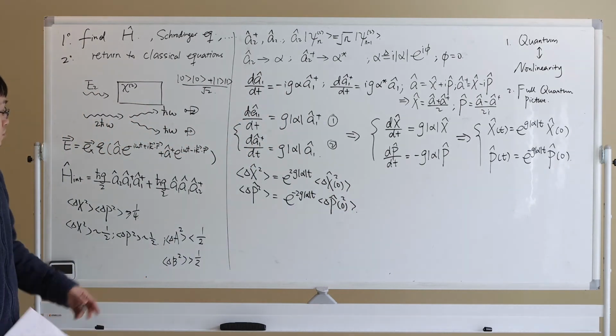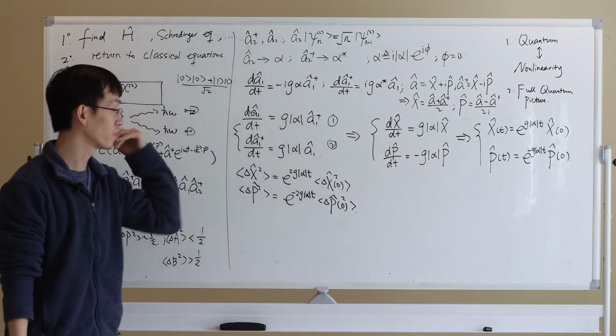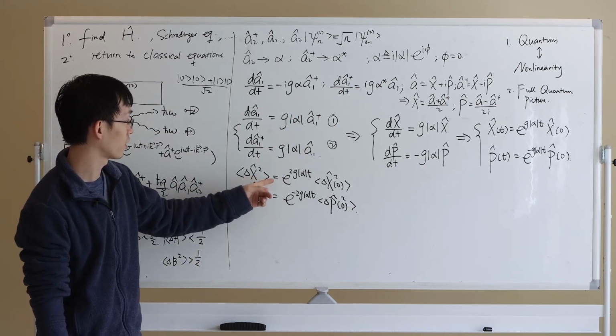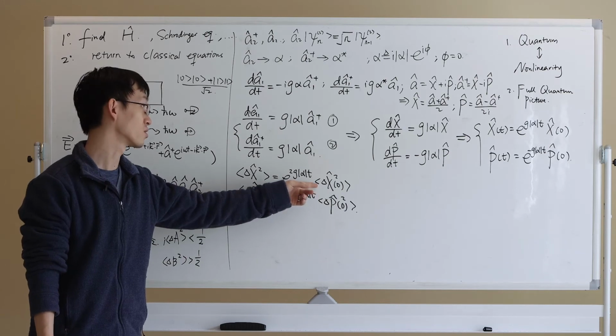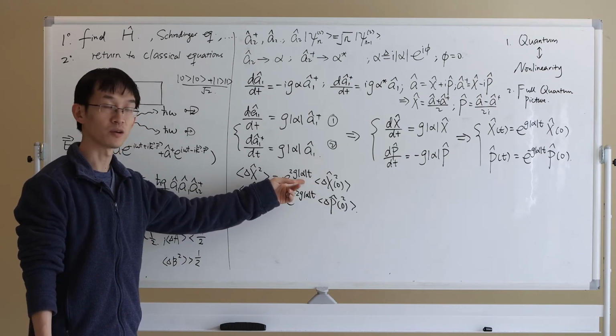So you just plug it in and pull out the number, and you notice that at time t it's actually the same uncertainty, but you multiply by a factor.